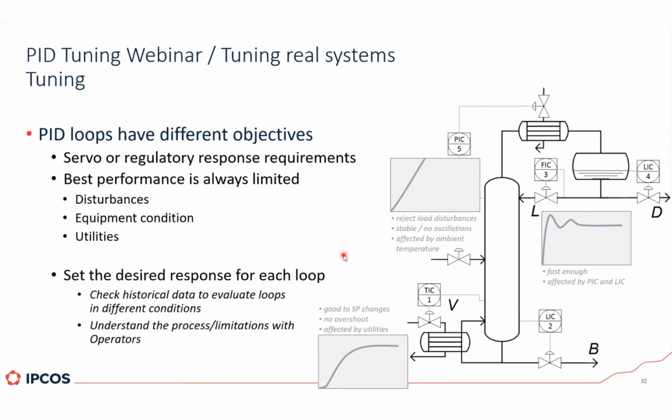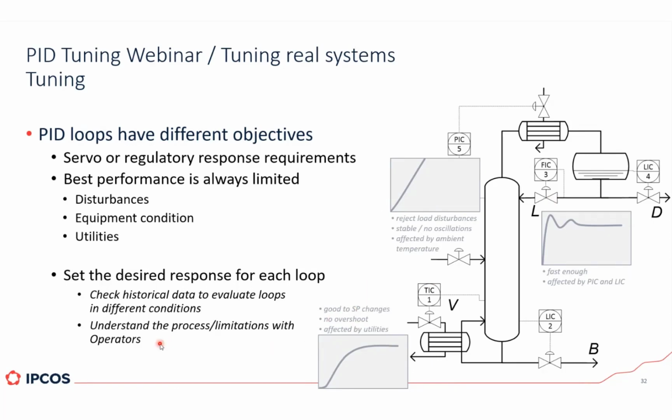Right? So the idea here is that we need to consider each loop individually for setting the desired response we want, but we need to take into account the limitations and impact of the other loops when we are doing this tuning for each of the loops, right?